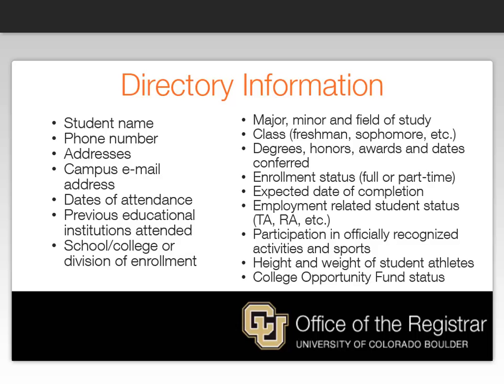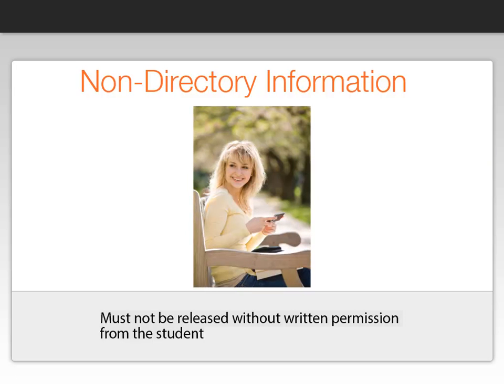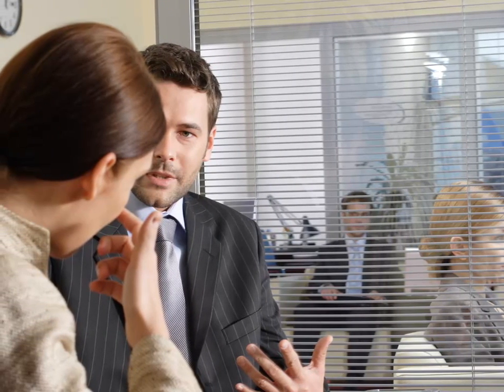Any non-directory information can only be released with a student's written permission or if the situation meets the requirements of one of the FERPA exceptions. One important exception to FERPA arises if there is a significant threat to a student or other persons. In such cases, refer the situation to the Office of the Registrar before releasing information if safety allows such precaution.